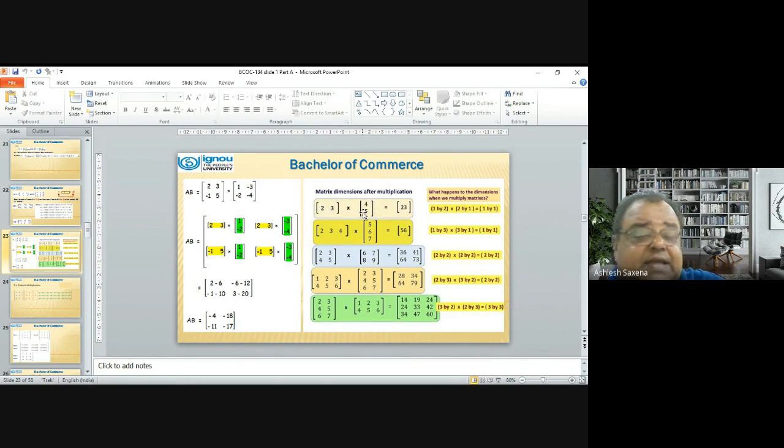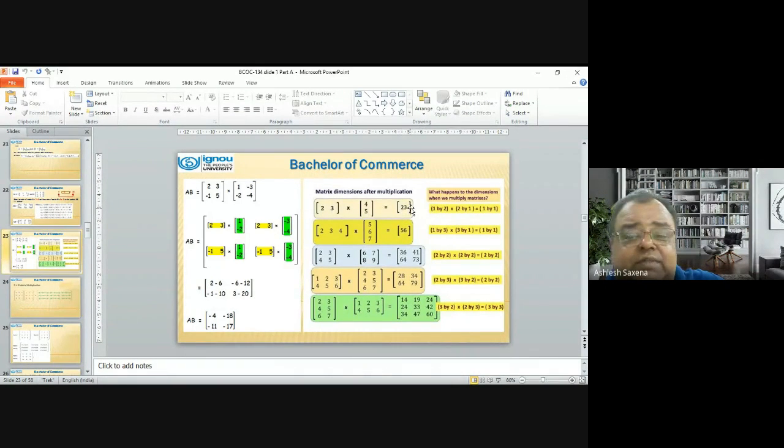And this is a matrix with 2 rows and 1 column. That means the columns here are the same as the rows over here. Our answer will be 1 by 1. You can see over here 1 by 1. It will be a straight number.